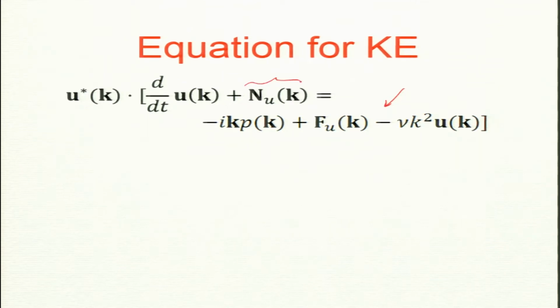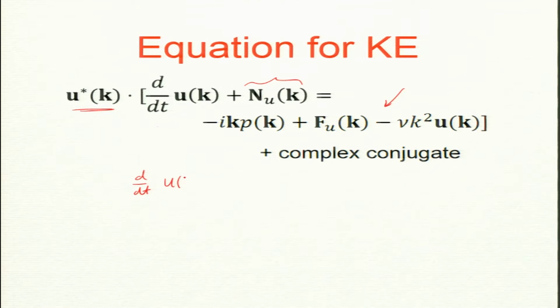I will expand it a bit later, but you have the equation. Take the dot product with u star of k. Do not dot product with u of k, you have to put u star of k, because I want the mod square. Now add the complex conjugate to this. What happens to the first term after adding the complex conjugate? We will have d by dt of u of k dot u star of k, correct?